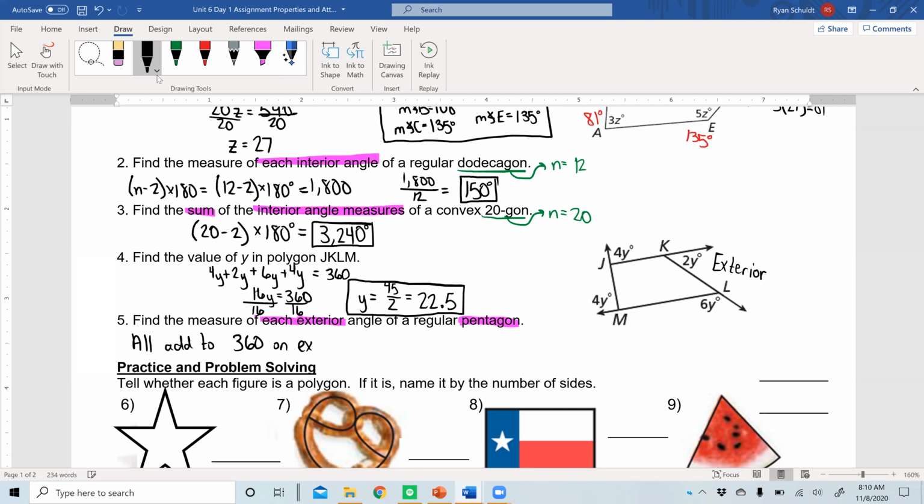On the exterior. Pentagon has 5 sides. So we just simply do 360 divided by 5, and that will get us 72 degrees.